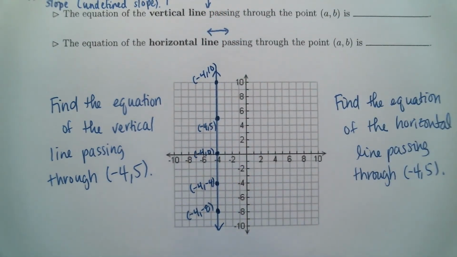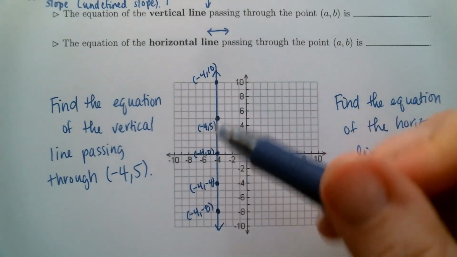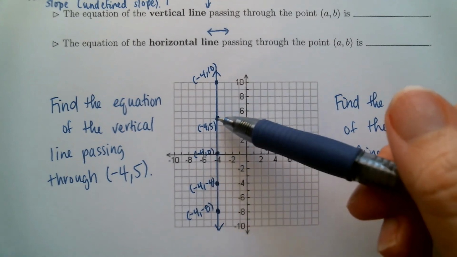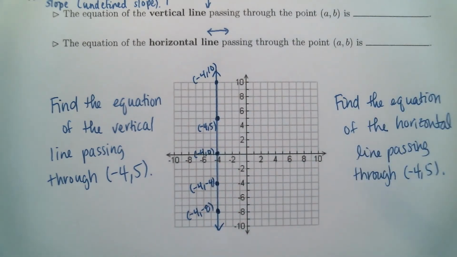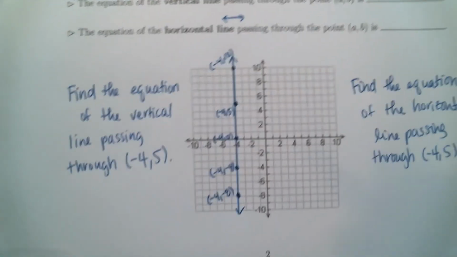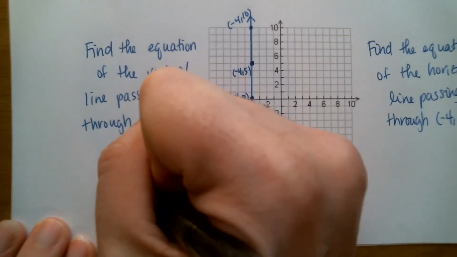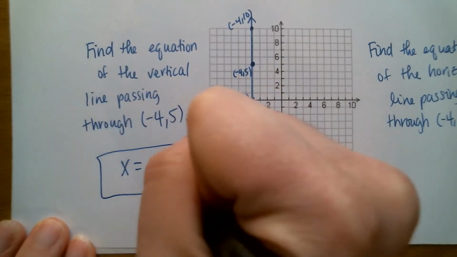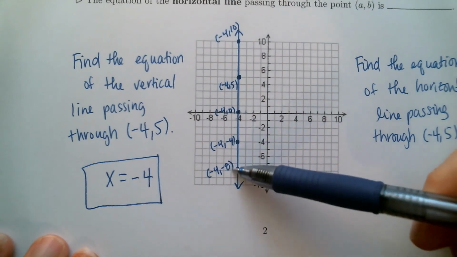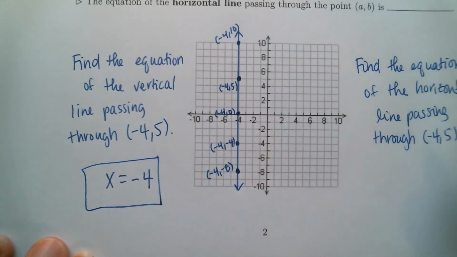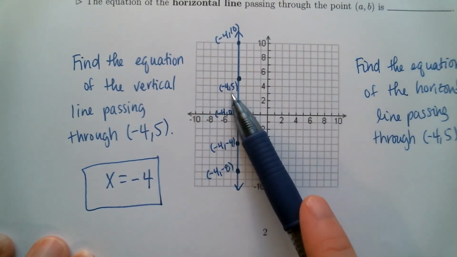Any point that I pick on this line, look at what they all have in common. They all have an x-coordinate of -4. So the equation of the vertical line is just x equals -4. If I'm tying it back to the original point, -4, 5, a vertical line is always going to be x equals the x coordinate of the point.